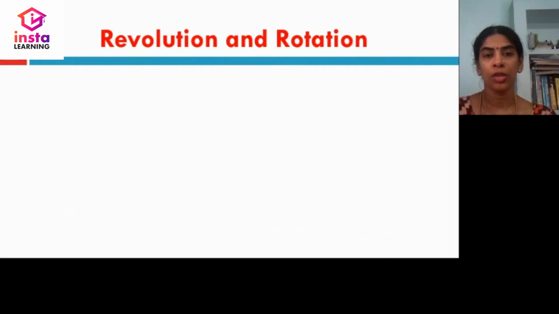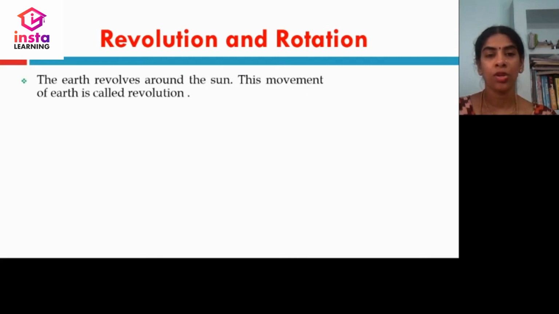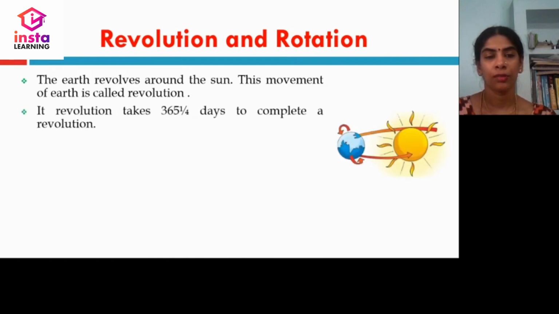Let us discuss the Earth's revolution and rotation. The Earth revolves round the Sun. This movement of the Earth is called revolution. The Earth takes 365 1/4 days to complete a revolution.